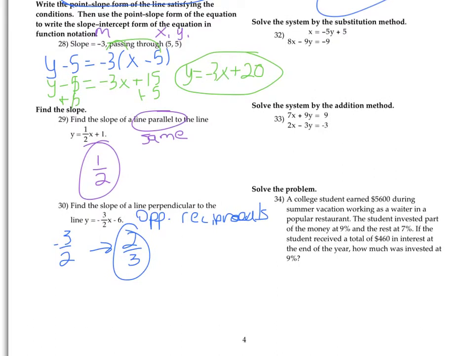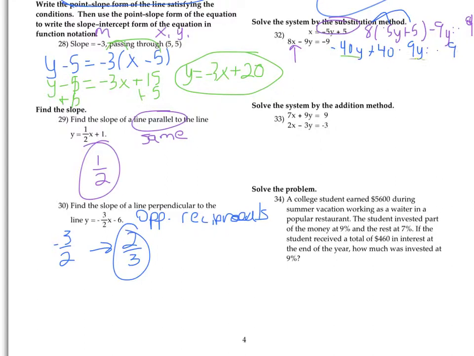Solve the system by substitution: take what x equals and put it into the other equation. That's going to be 8 times negative 5y plus 5 minus 9y equals negative 9. And then we need to solve this out. So distribute: negative 40y plus 40 minus 9y equals negative 9.